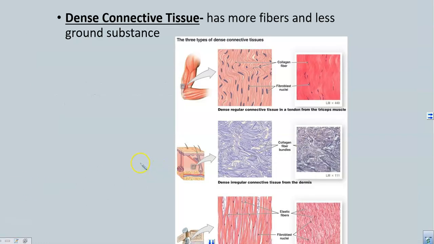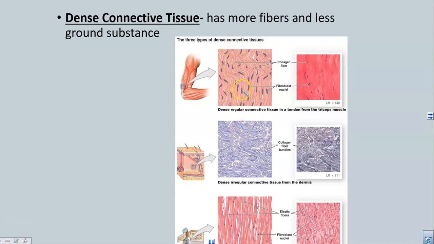So then we start getting into, those were the loose connective tissue, we get into dense connective tissue, and we're just going to go over these two main types, which is going to be dense regular connective tissue and dense irregular, and they are actually based on how they line themselves up. The reason we're not going to look at the histology is it looks a lot like smooth muscle under the microscope, so you would confuse it.